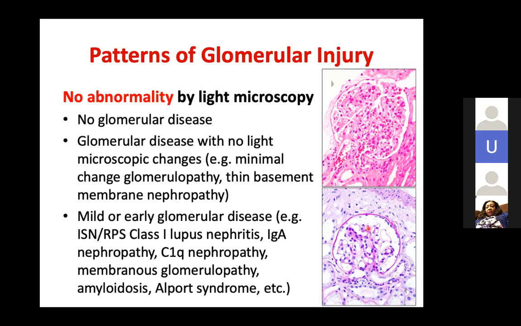Even this normal glomerulus would mean some kind of pathology in a given setting. But here again, it would be important to have the clinical scenario. A normal glomerulus could mean no glomerular disease, or it could mean a disease where there are supposed to be no light microscopic findings, like minimal change disease.